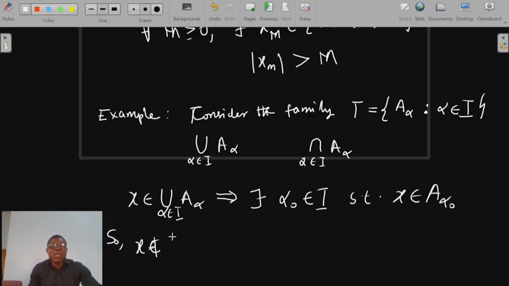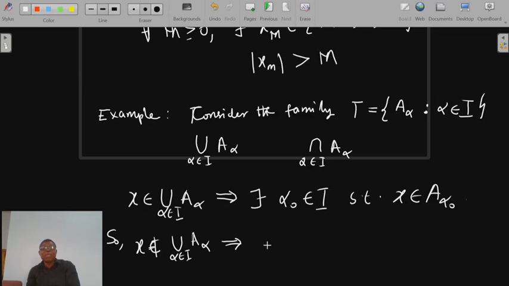So x is not in the union over alpha in I of A alpha. What does this imply? Remember that x in the union means that there is at least one A alpha that contains x, meaning that there is a particular alpha naught in I so that x belongs to A alpha naught.